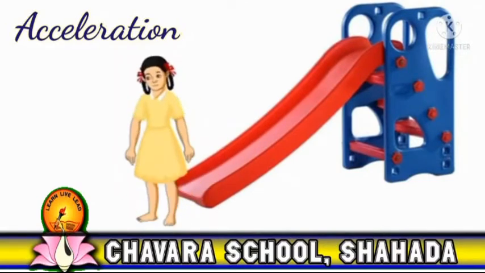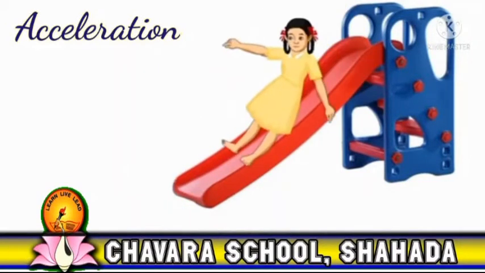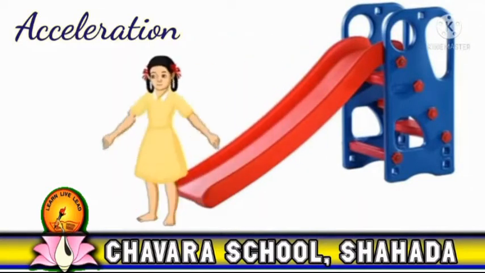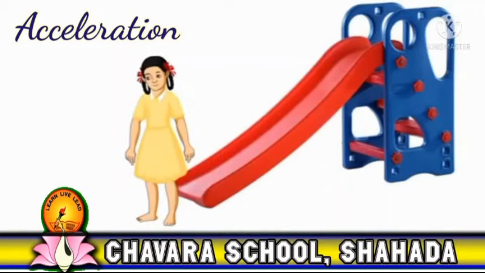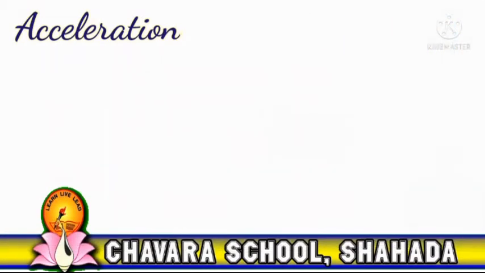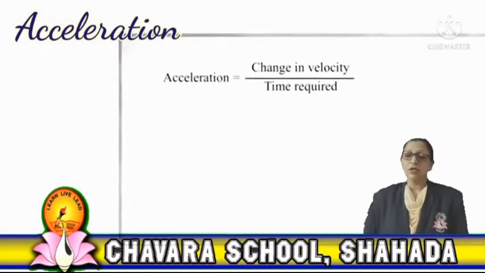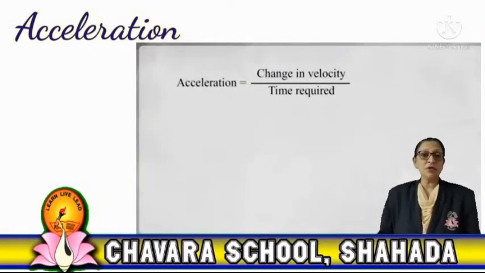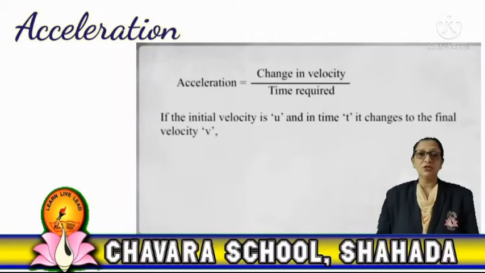You know that while sliding down, the velocity is less at the top. It increases in the middle and decreases, becoming zero towards the end. The rate of change of velocity is called acceleration. By this activity, we learn the rate of change of velocity is called acceleration.